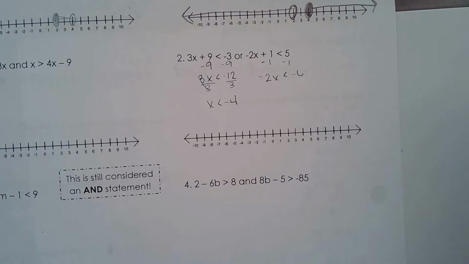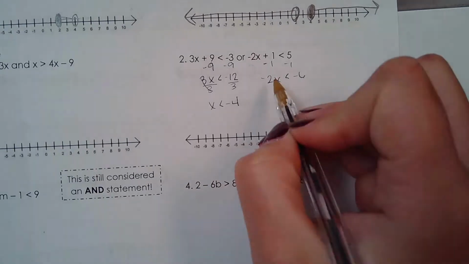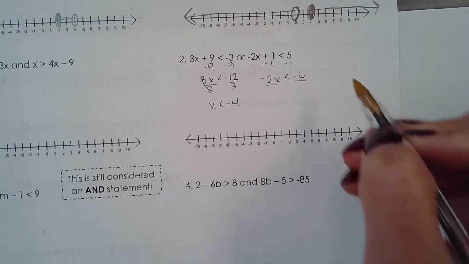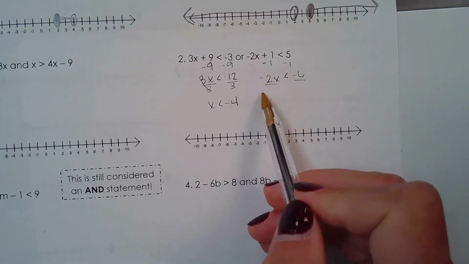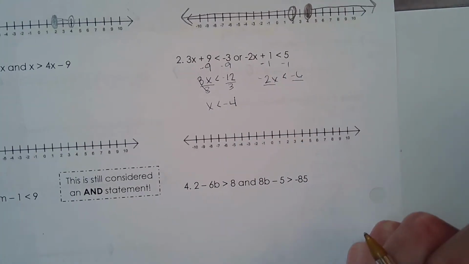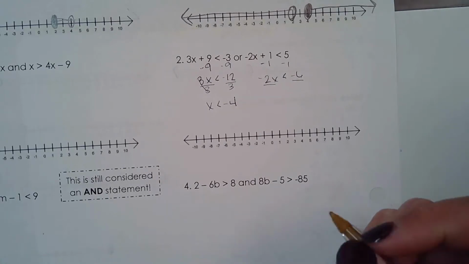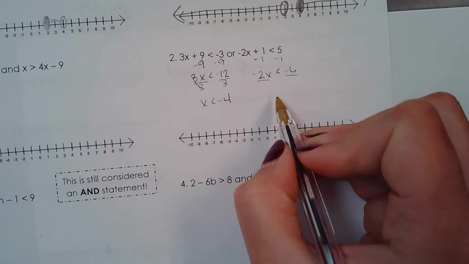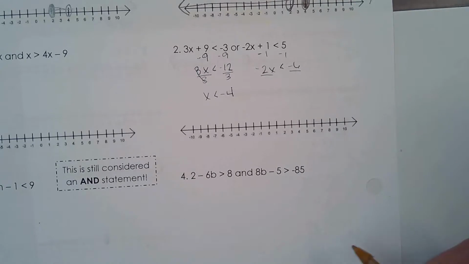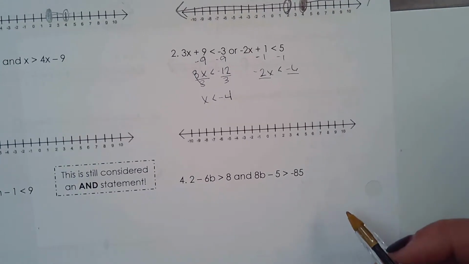Mackenzie, what do we do from there? What are we trying to get rid of in front of the x? The negative. Negative what? What number's in front of x? 2.